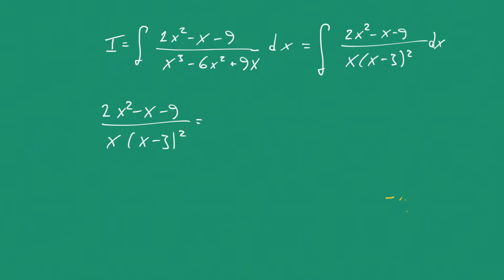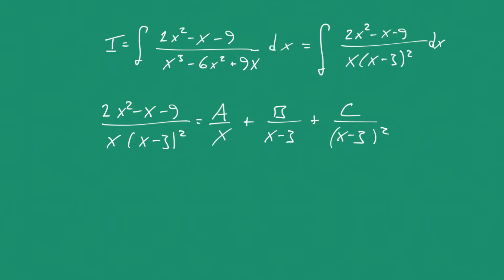So our partial fraction decomposition in this case is going to take the form a over x, the term corresponding to x in the denominator, plus, and because x minus 3 appears with multiplicity 2, a term of the form b over x minus 3, plus a third term c over x minus 3 all squared.